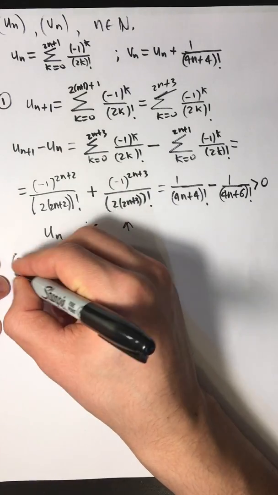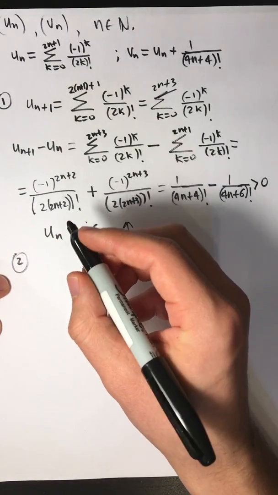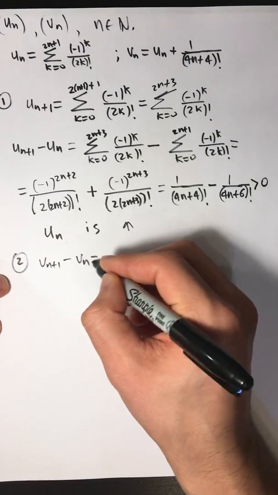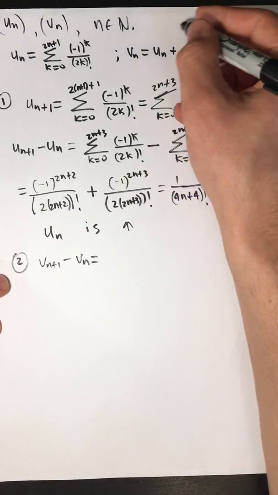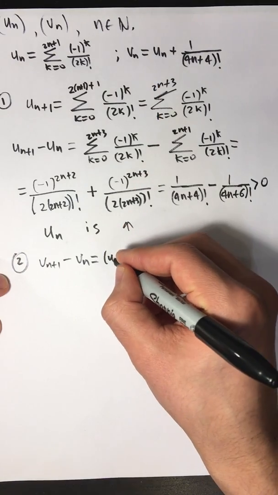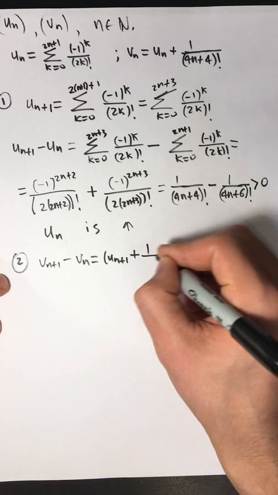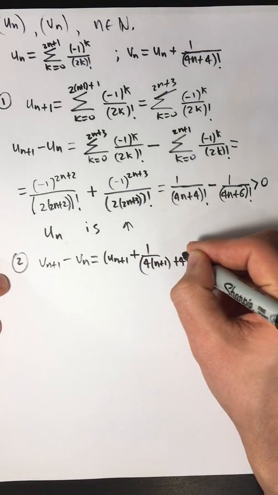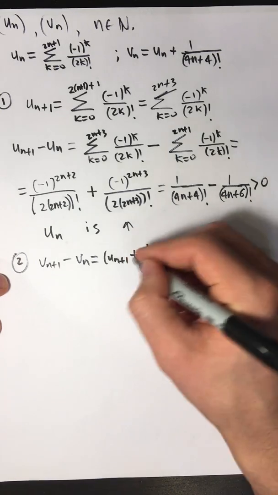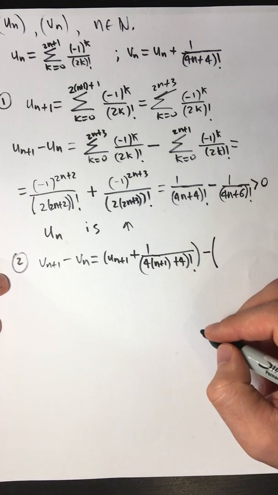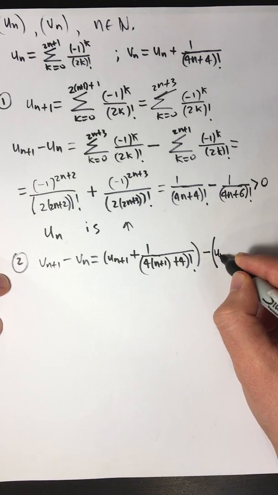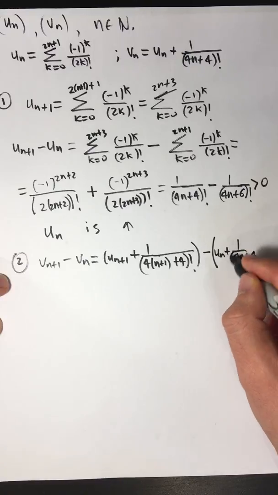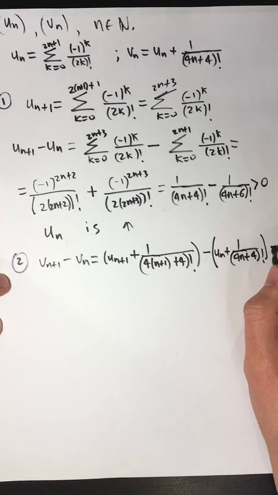Number 2. Now let's check with Vn. Vn plus 1 minus Vn. So what is Vn plus 1? Using this, it's Un plus 1 plus 1 over 4 times n plus 1 plus 4 factorial. This is Vn plus 1, minus Vn, which is Un plus 1 over 4n plus 4 factorial.